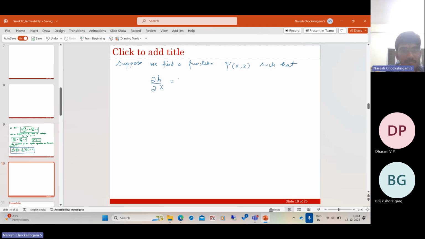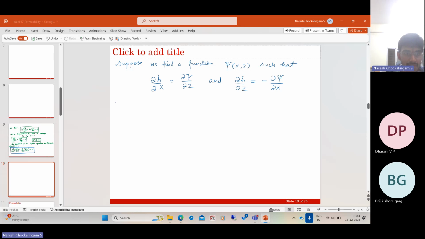Let us say it is equal to some dou psi by dou z. And dou h by dou z appearing in the second term, let us say it is equal to some minus dou psi by dou x.